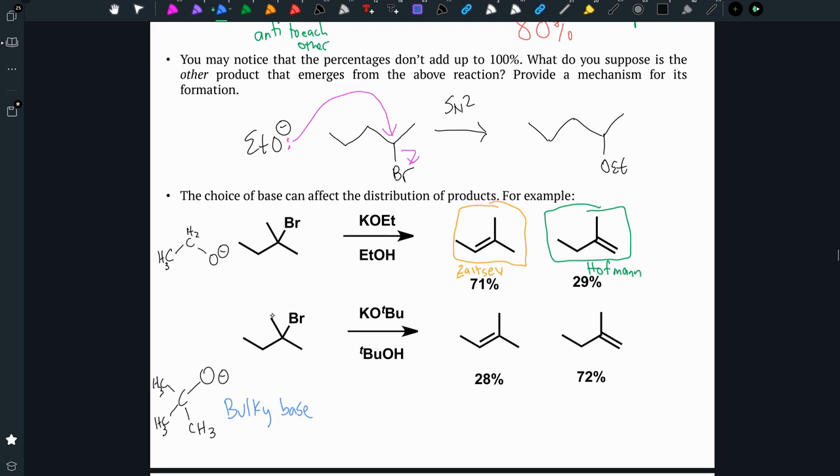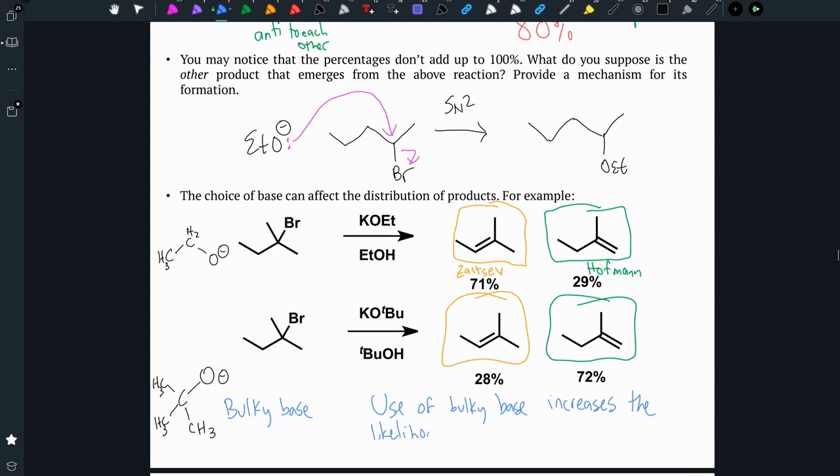It's going to have an easier time reaching the protons that are on the outside. So notice when I use the bulky base, I flip my percentages practically so that I get more Hofmann than Zaitsev. So the idea is use of a bulky base increases the likelihood of making the Hofmann product.